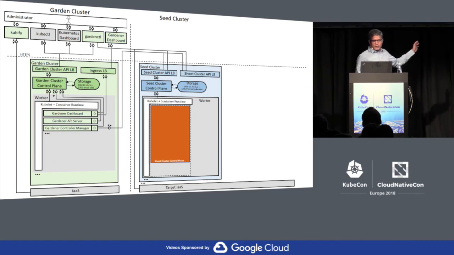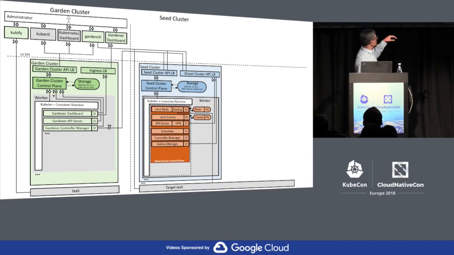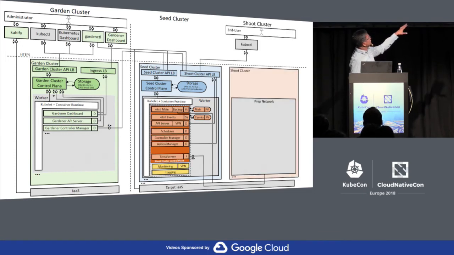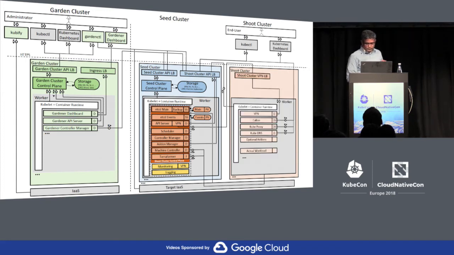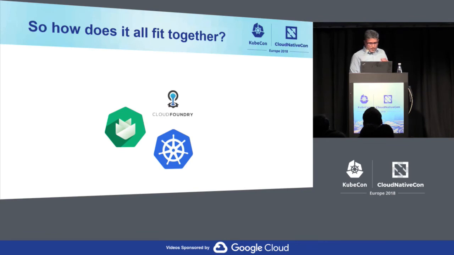So for each target IaaS option, you would first spin off a single seed cluster. This seed cluster will then have the different controllers that would be used for managing your actual shoot clusters, which run the workload. So with that as the main innovation happening at SAP, which is now open sourced, please do check out on github.com/Gartner.